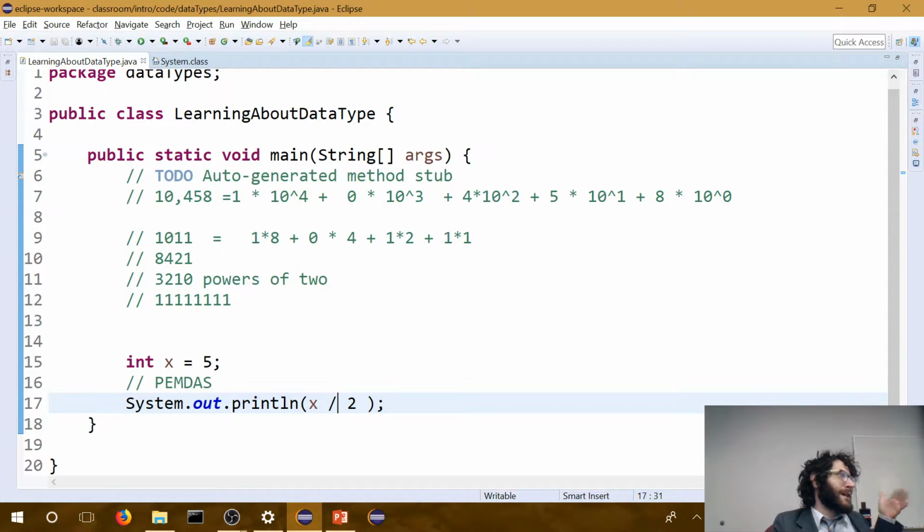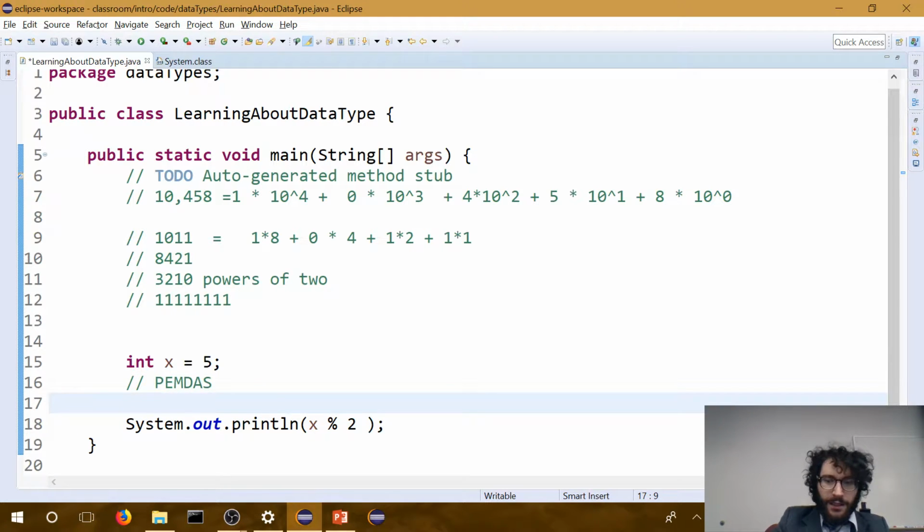If we get the quotient, is there a way to get the remainder? And there is, with the percentage sign. This is a special symbol with a very funny name: the modulo operator. Modulo is a bit of a mouthful, so we just shorten it to mod.